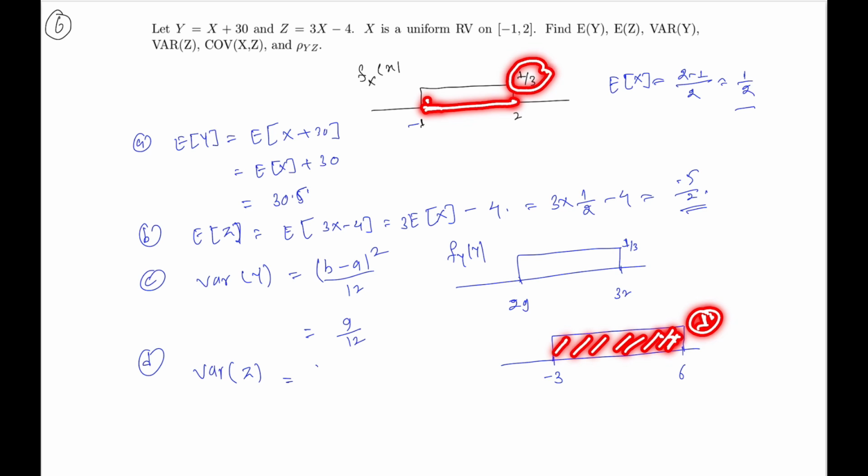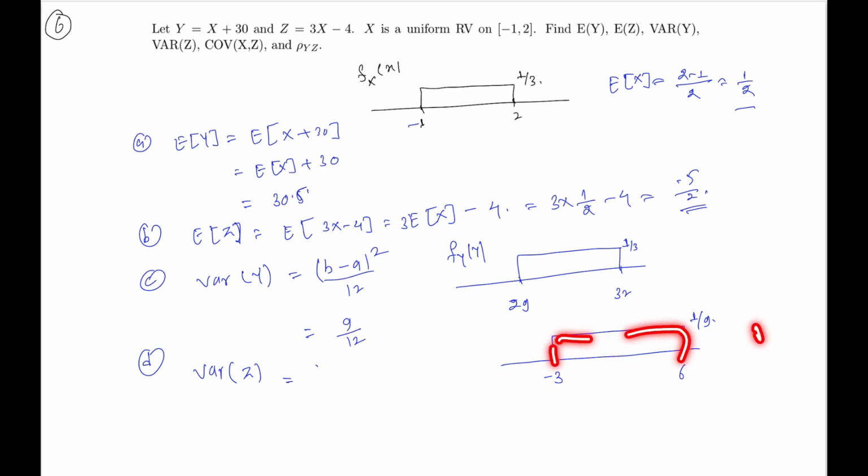In order to make this area 1, you will have to scale on the y-axis also, right? We have seen all these things. So this will be scaled by 1 divided by 3, so the height will be 1 divided by 9. Calculating the area again, the total area turns out to be 1. Now the next step is to shift.